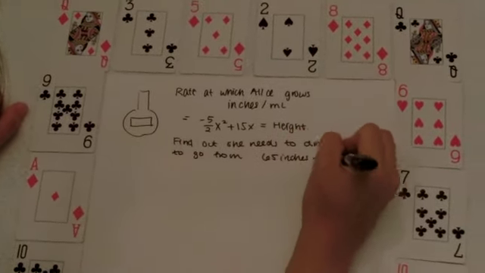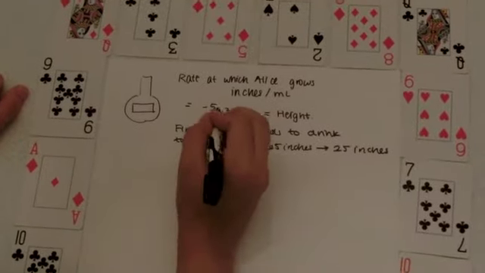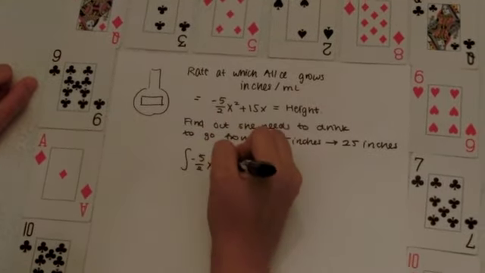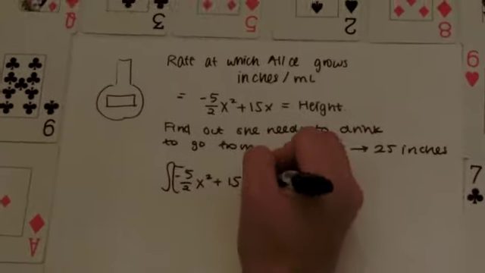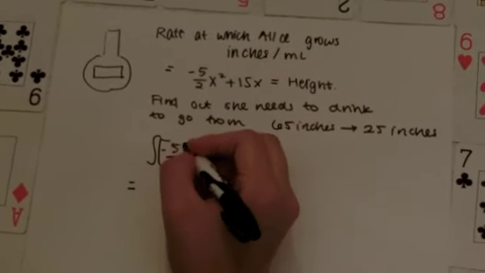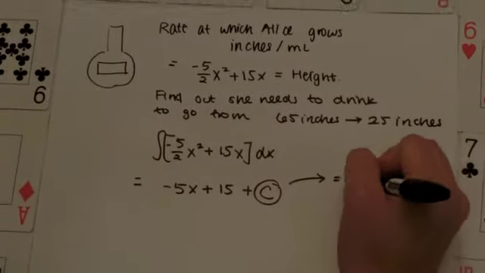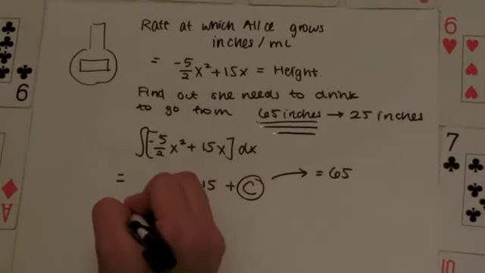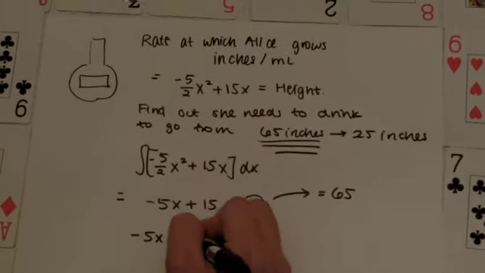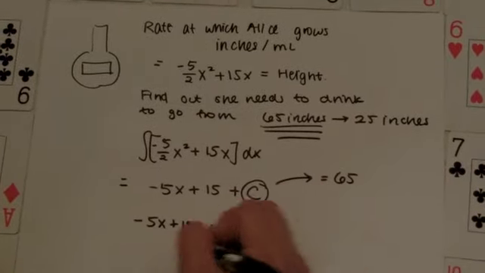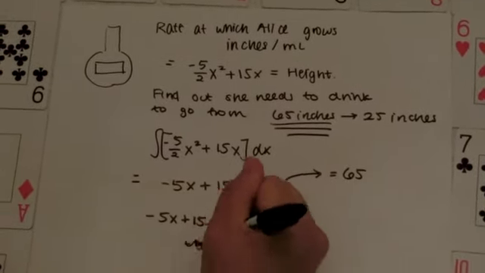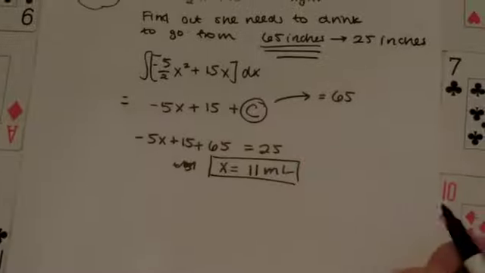We are able to determine the function of her height as -5x plus 15 plus c. C is equal to 65 inches because this is her initial height. So now we want to set this new function with C plugged in to equal 25 inches, which is her final height.